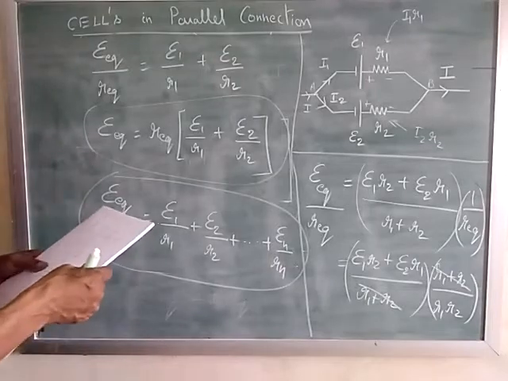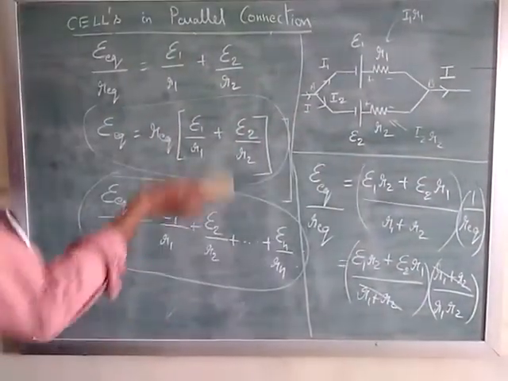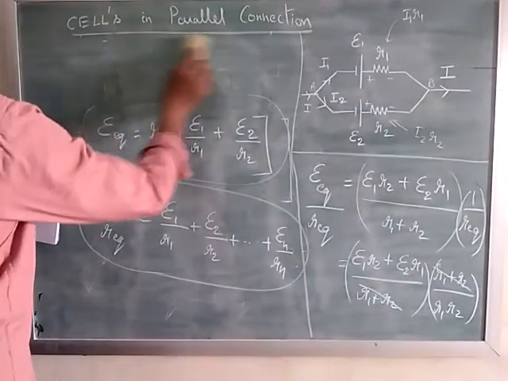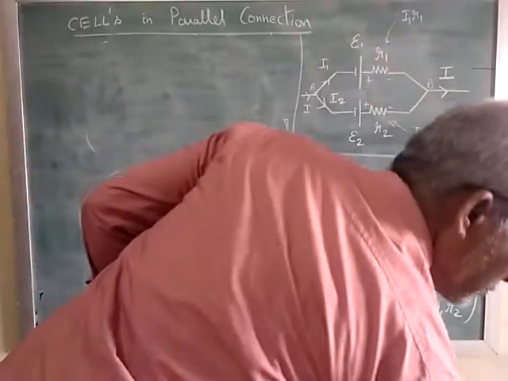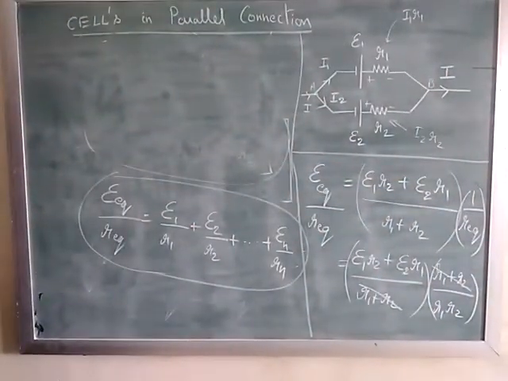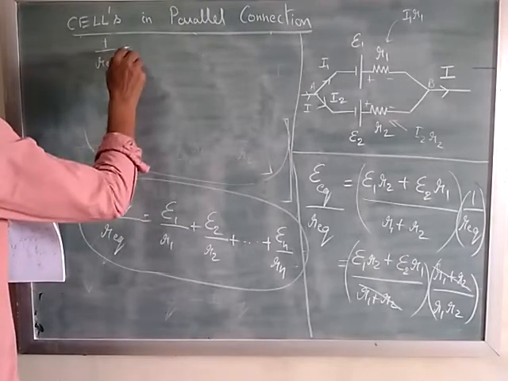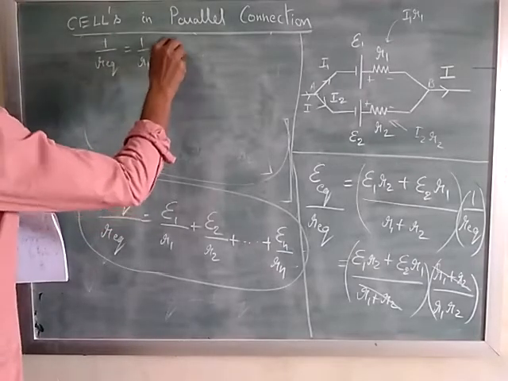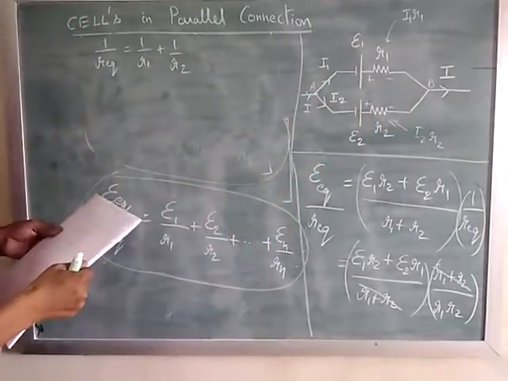Okay. Now we have to find out R equivalent. So how to find R equivalent? For two sources we have 1 by R equivalent is equal to 1 by R1 plus 1 by R2. This is for two sources, two cells.